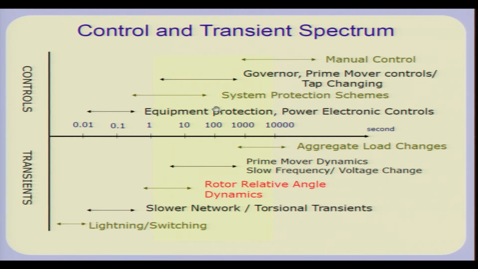When I talk of system protection schemes, it could mean things like our under frequency relays, that is, if the frequency falls very low, you may wish to trip out certain loads to restore load generation balance quickly. So, if there is a very large drop in frequency, you could have under frequency load tripping.